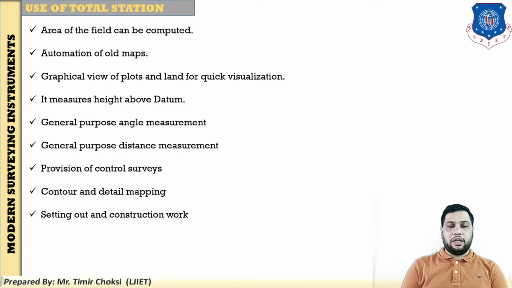It provides horizontal and vertical control survey points, contour and detail mapping, so you can prepare the contour map and detailed maps. And lastly, setting out of the foundation as well as construction work. These are all the uses of the total station.